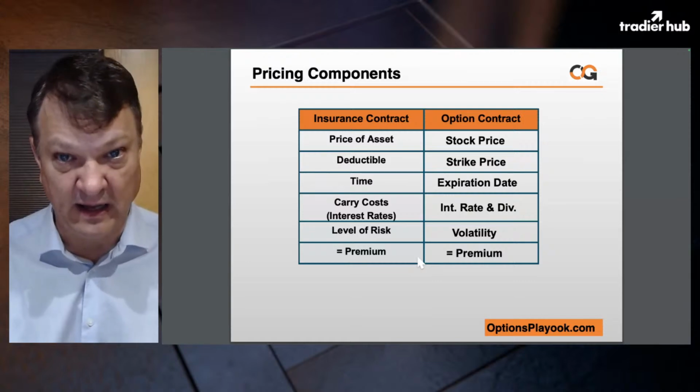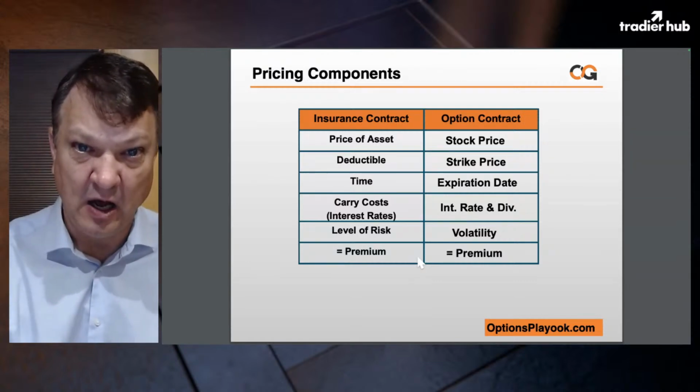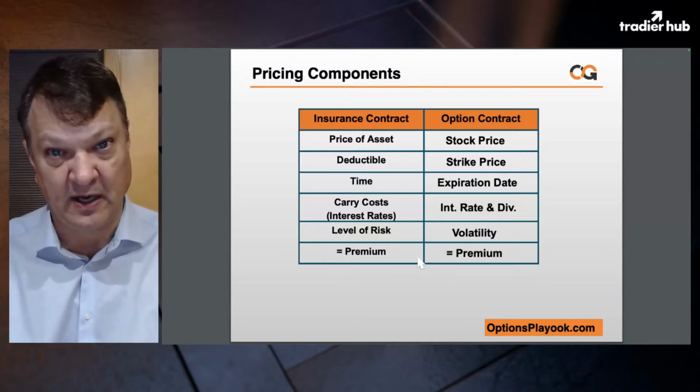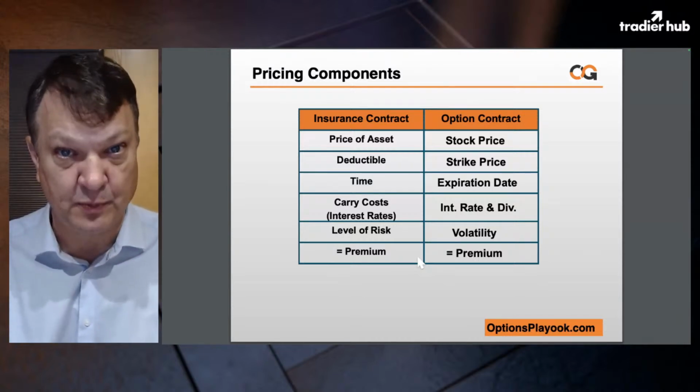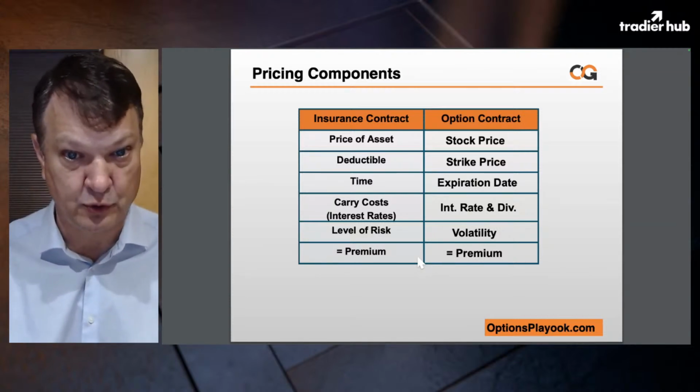If you sell an insurance policy, you are referred to as the underwriter of that insurance policy. If you pay for an option contract, you're paying the options premium. Same thing, you're paying your car insurance premium.